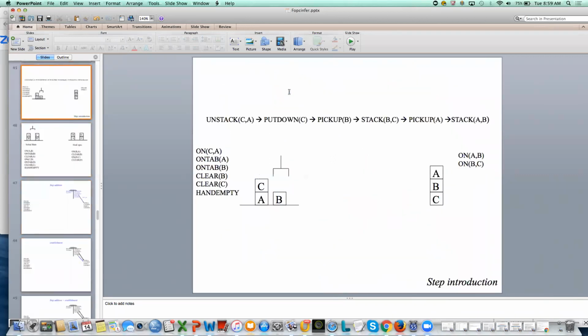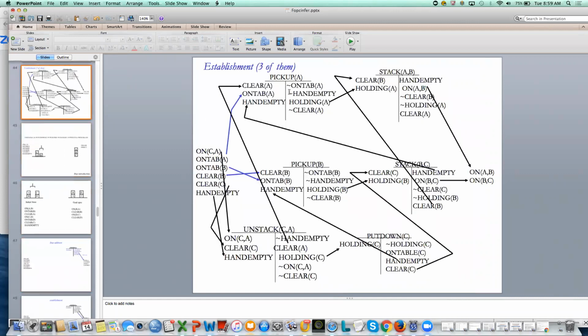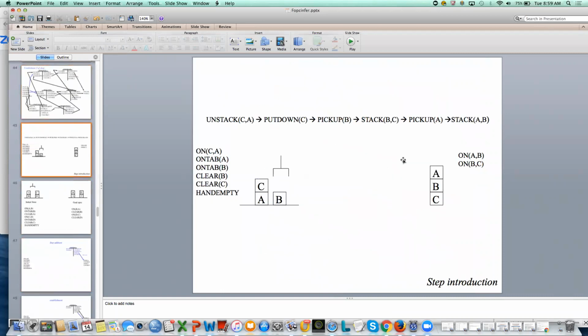And we can continue, and what we are left with is a particular ordering based on these supports. And there is that ordering that we use to support the plan. So this is a total ordering.